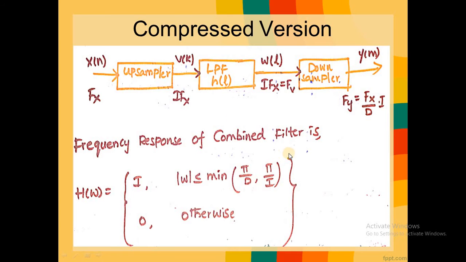Then the frequency response of the combined filter is H of omega equal to I, where modulus of omega is less than or equal to minimum of pi by D comma pi by I, 0 otherwise. This is the frequency response of the combined filter, that is the low pass filter.